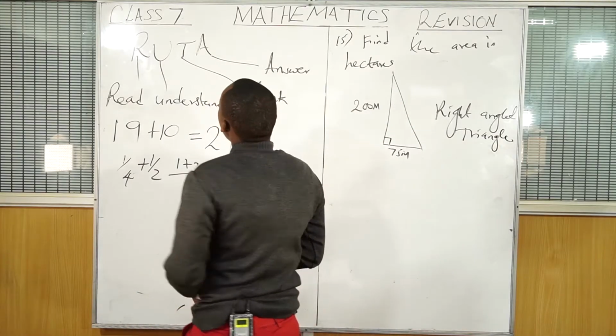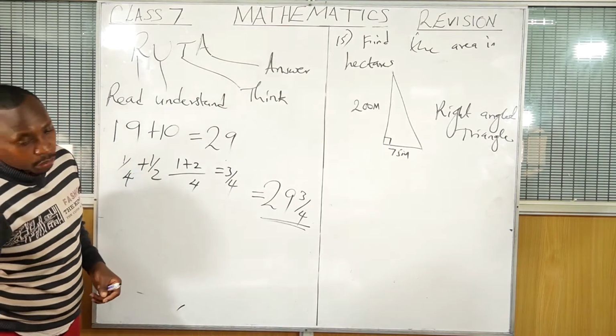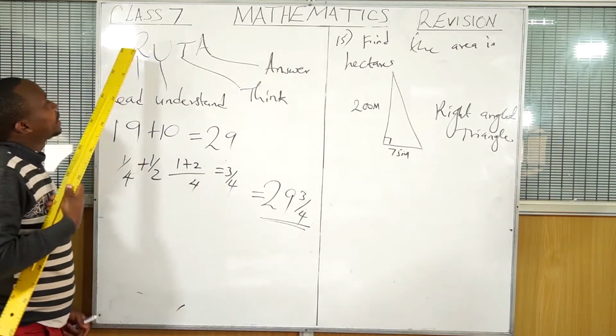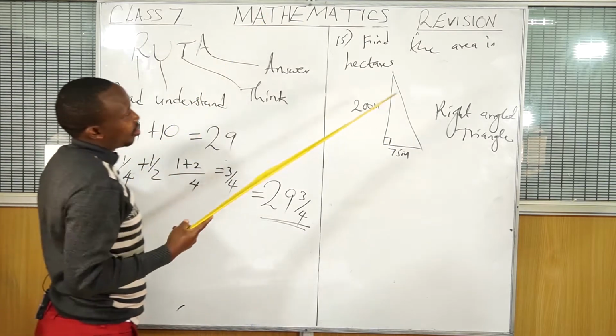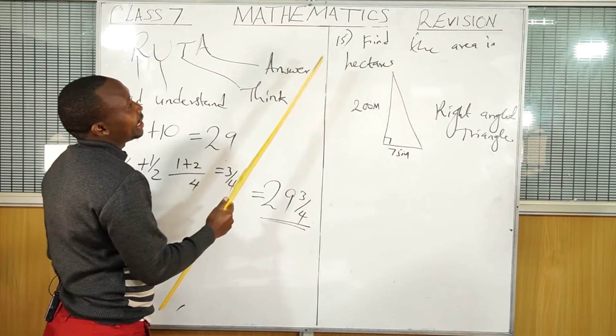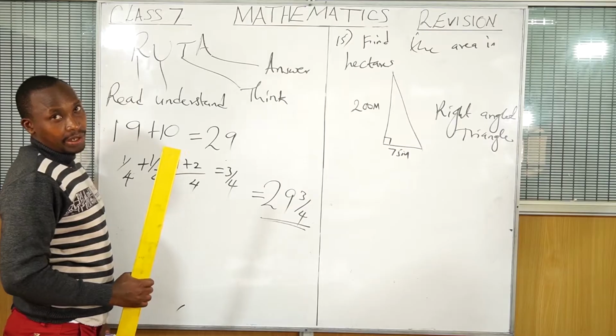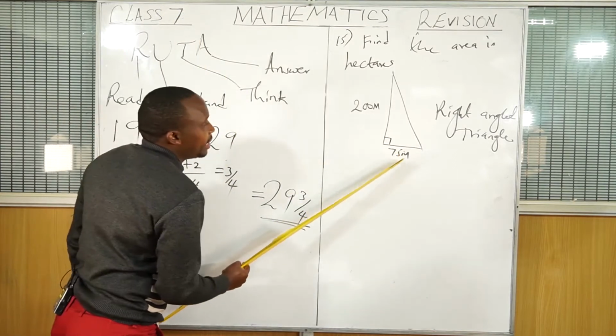Now, I want you to use our formula so that we can get the sum right. R for reading. Let's all of us read. Find the area in hectares. Now, our units are in meters.